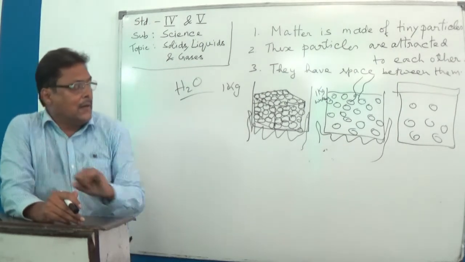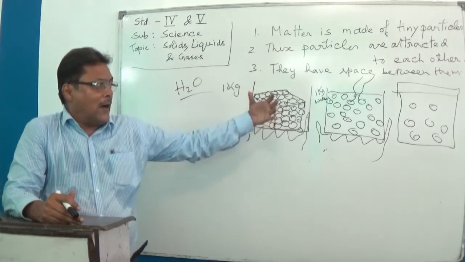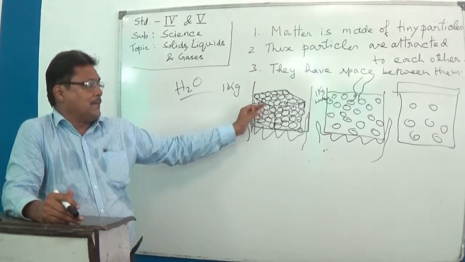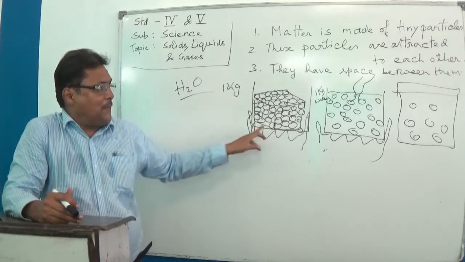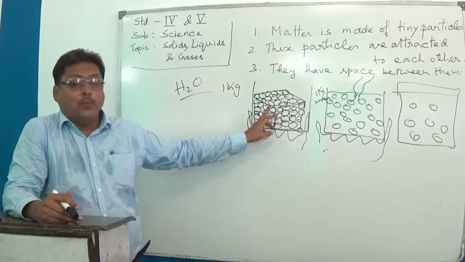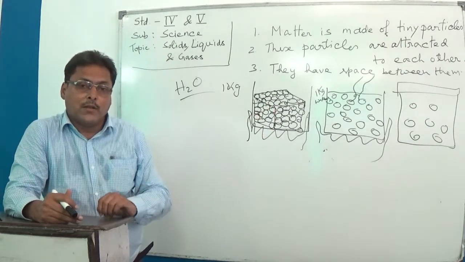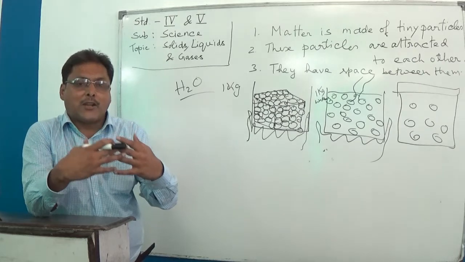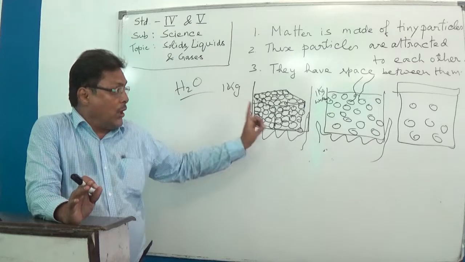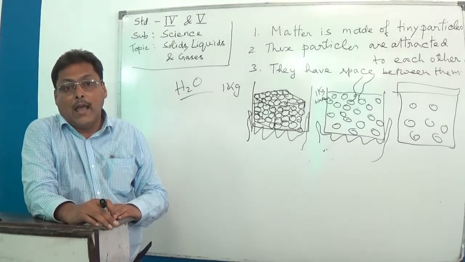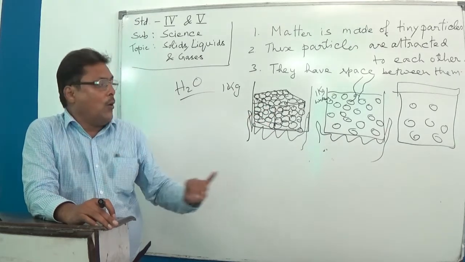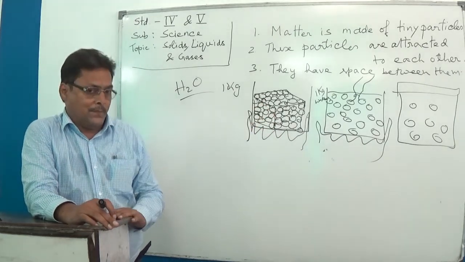So you understand the basic difference between these 3 states. Solid. Solid has a fixed shape. Its shape is fixed, and so is its volume, because the force of attraction between the particles is the most in a solid form. And so the space between the particles is the least when the matter is in solid form.